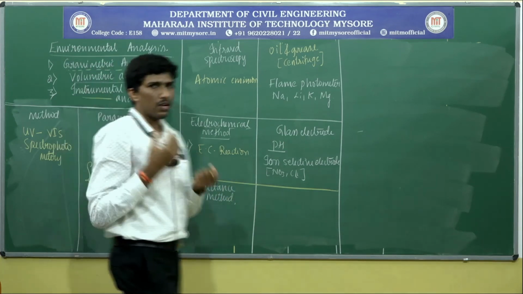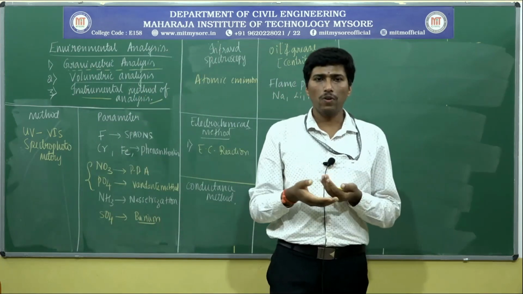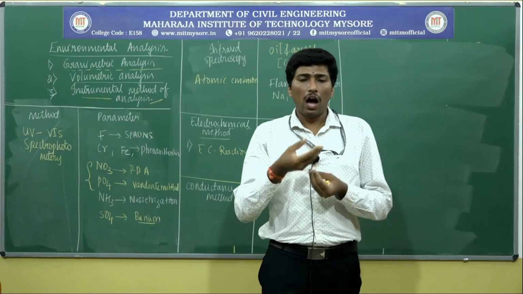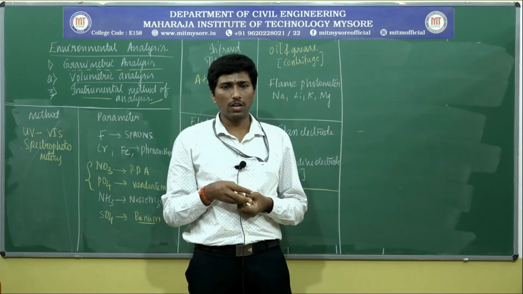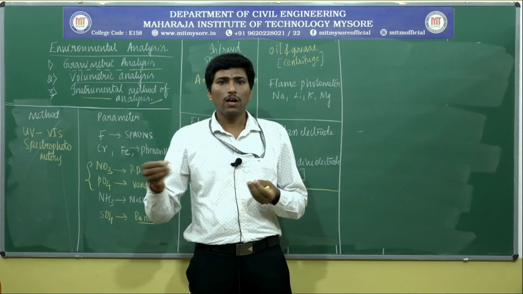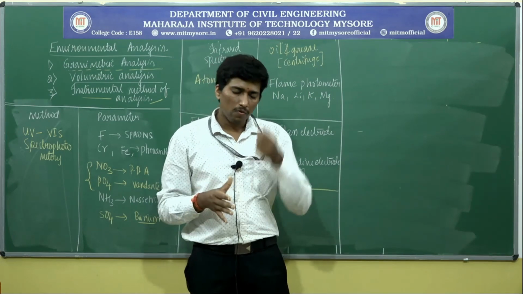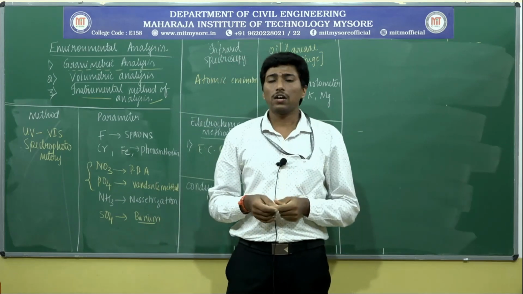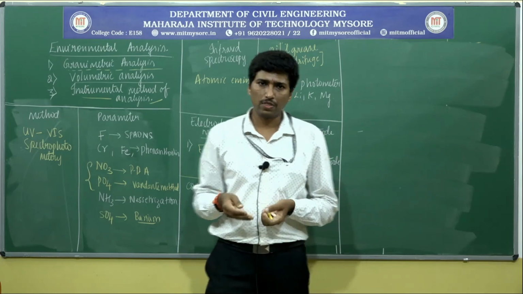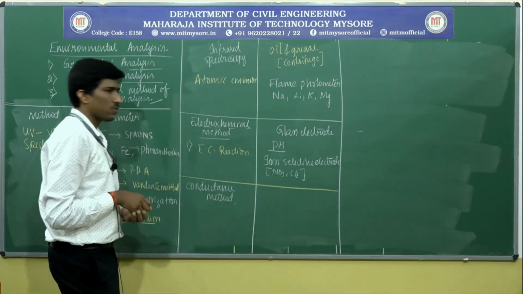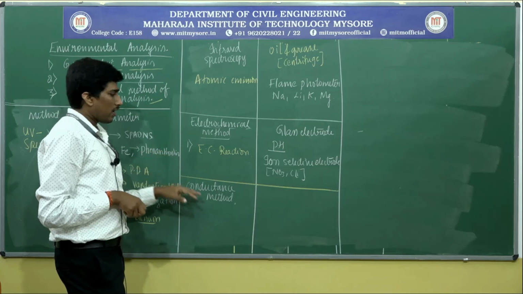Conductance method is the tendency of ions to pass a current, or the ions present in the water have a capability of carrying electrons, which constitutes electricity formation. Based on that difference, we call it conductance.